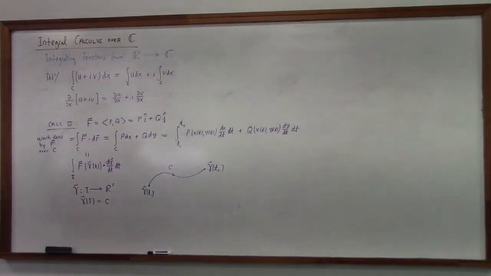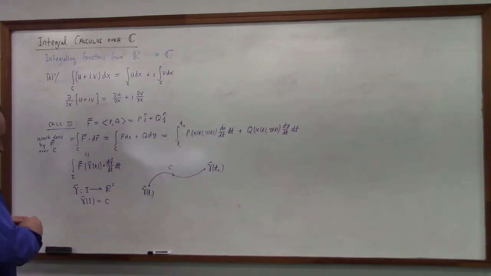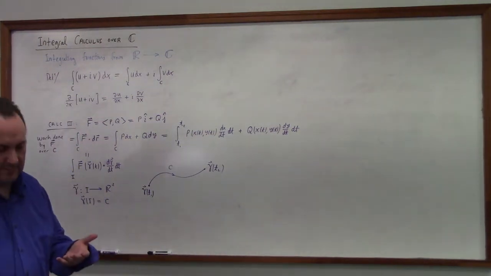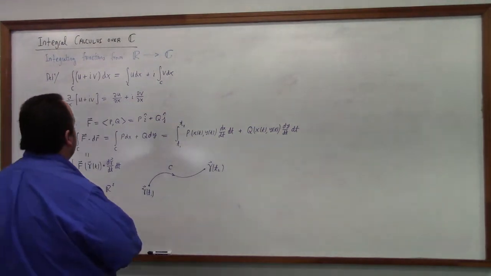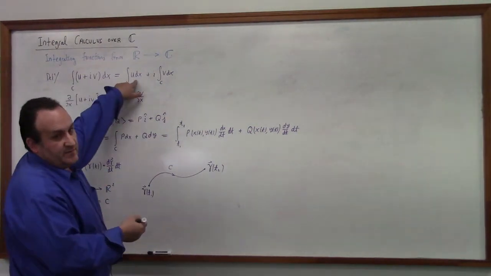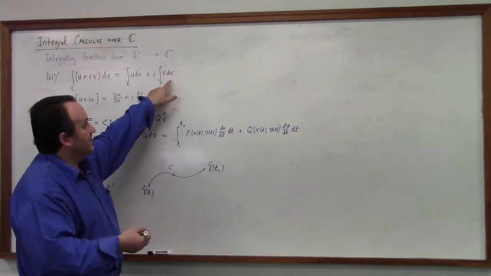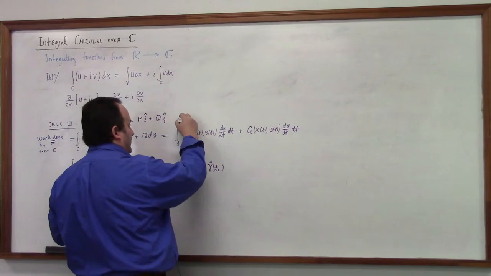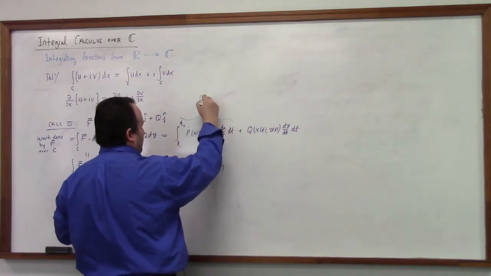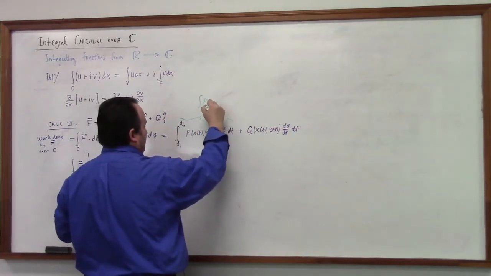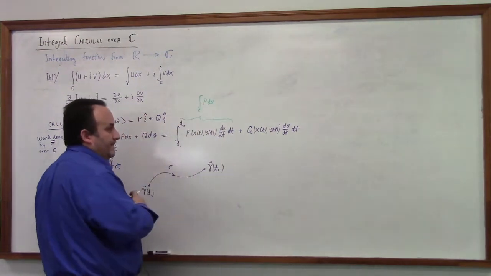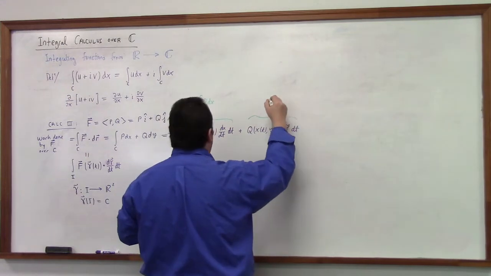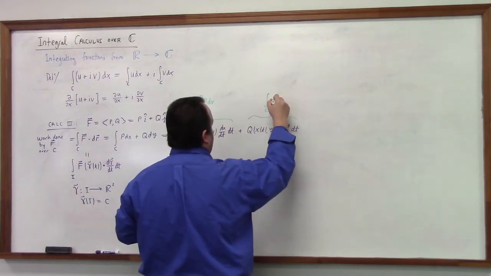So what we mean here, when I have the integral of u dx and the integral of v dx up here, what that's talking about is this kind of thing right here. This is the definition. This is the integral of P dx over the curve C. And over here, this would be the integral over the curve of Q dy.